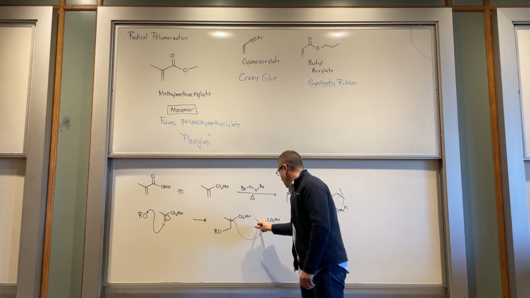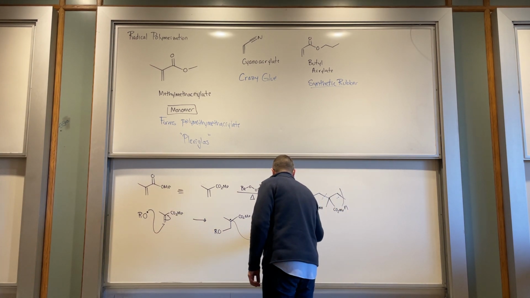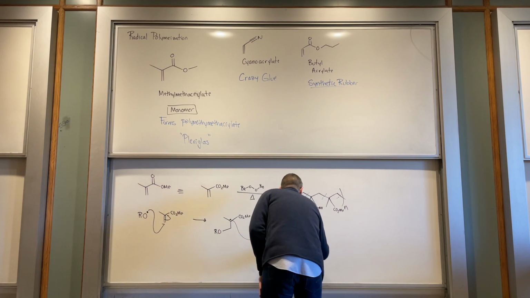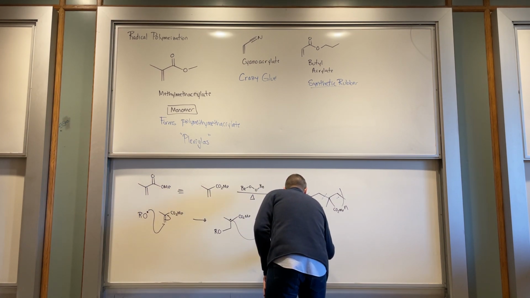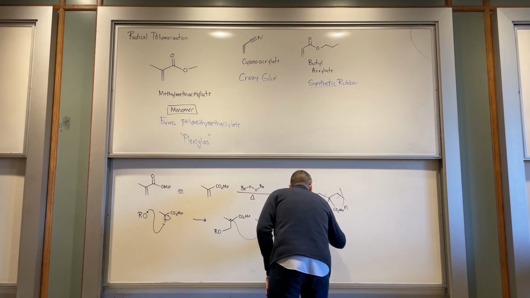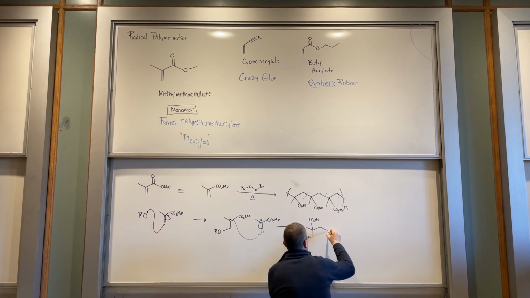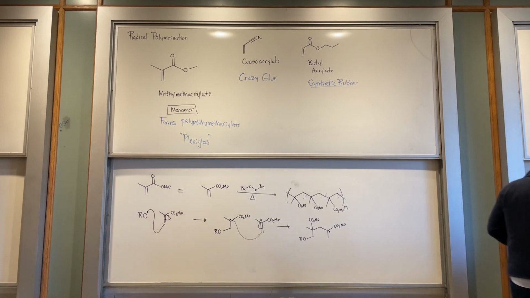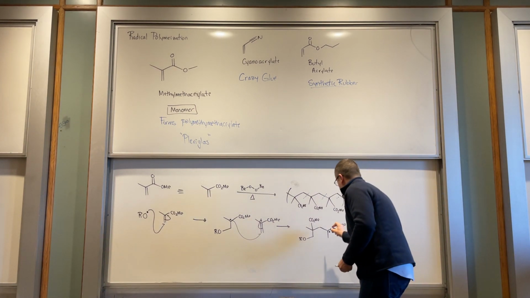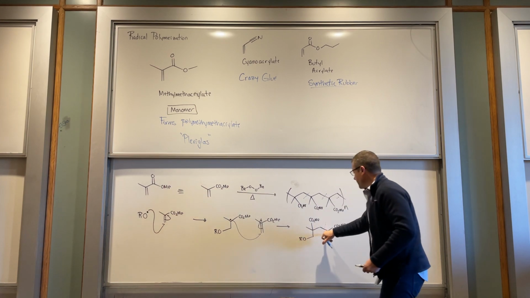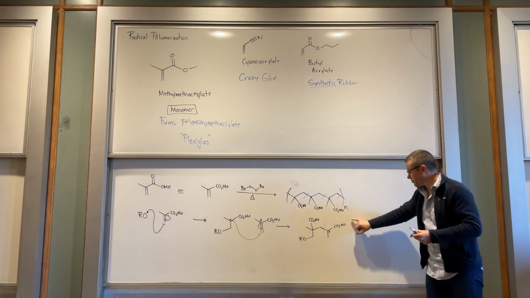So it's going to add to the terminal carbon and make a new tertiary radical. The blue dotted line represents the bond that was formed in the reaction.